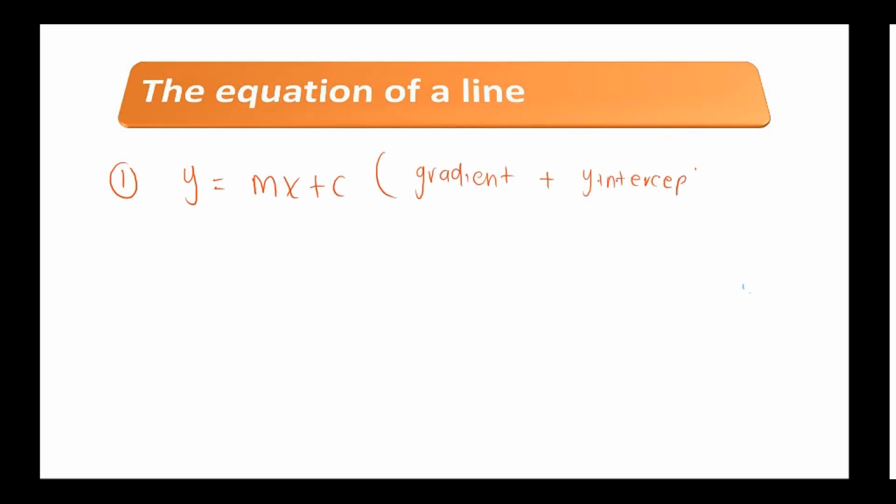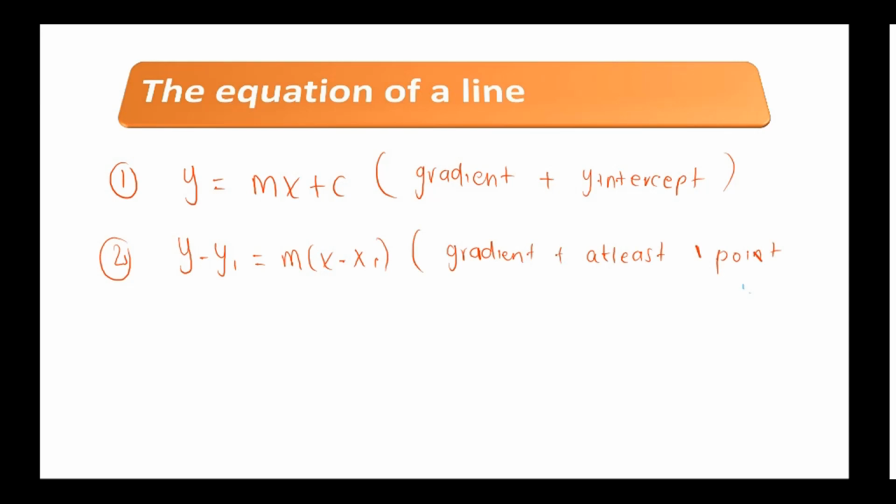If you are given a gradient and the coordinates of at least 1 point, then you can use the formula y minus y1 is equal to m times (x minus x1). This formula here, you use if you're given the gradient plus at least 1 point on the line.